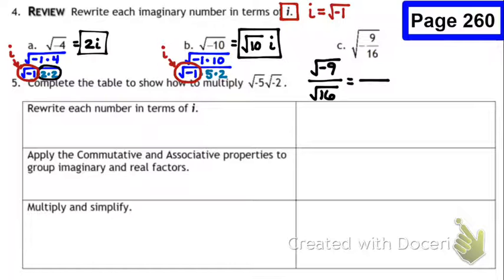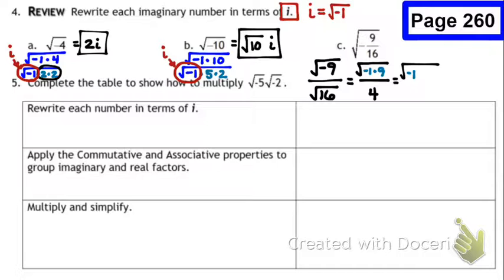So what do I have on the bottom? 4. My numerator, I have a -9 under there. Can I break down -9 at all? Because that's -1 times 9, right? Can we do the square root of 9? Yeah, I got 3 and 3 there.